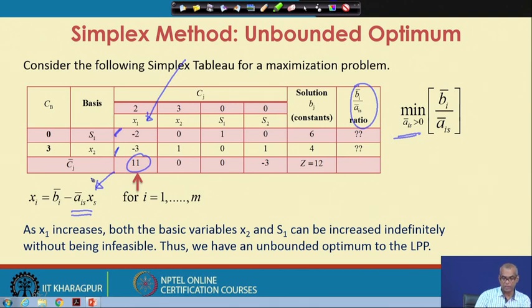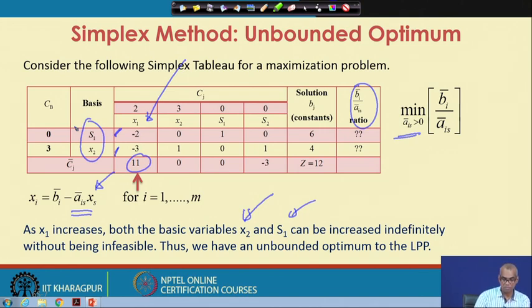In this particular case, as I increase x1, both the basic variables x2 and s1 can be increased indefinitely without making them infeasible.